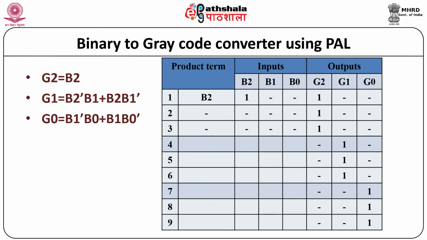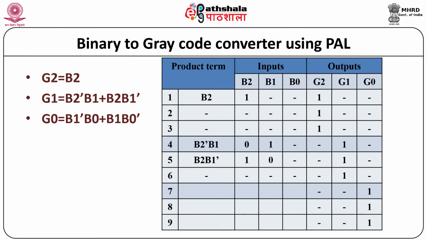Let us fill the programming table for product terms and binary inputs. There is only 1 product term for G2. It is written as first product term and other product terms are absent, hence written as dash. The input for G2 is B2, hence B2 input is 1 and other terms are written as dash as they are absent in the product term.